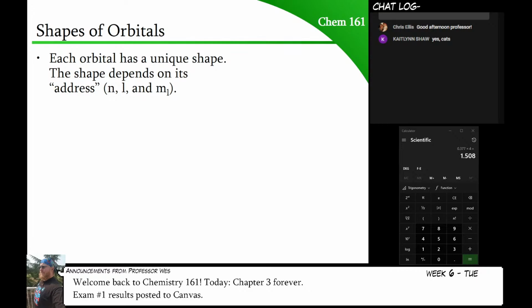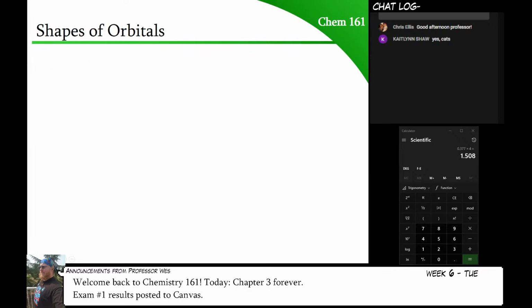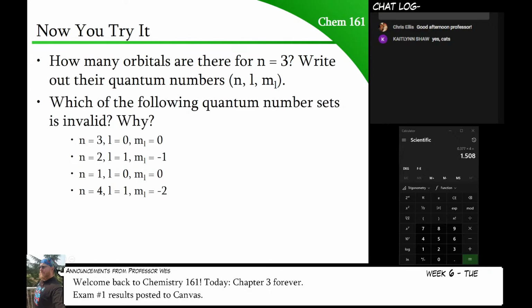Last week, we left off by assigning quantum numbers to things. And so we defined 3 of the quantum numbers, n, l, and m sub l. And I had you write out all the possible orientations and possibilities for all the different n's and l's and m sub l's and so on. So you should be able to identify all the rules by now, but just in case you've forgotten: n is going to be any integer between 1 and infinity.